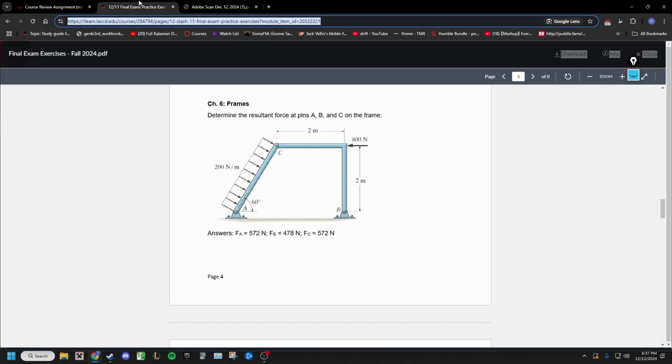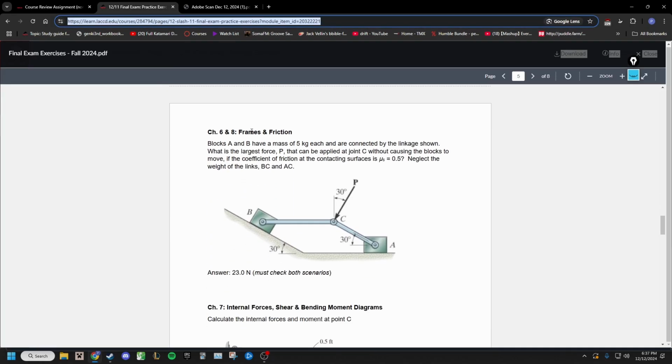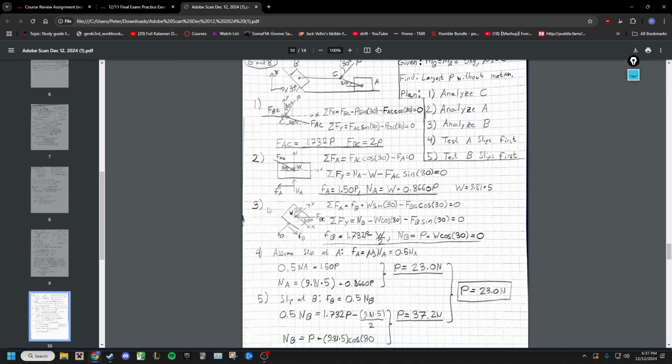Now, for the sliding block problem, frames and friction, we are given the mass of each block, which is 5 kilograms. We're given the angles here, and we're given the static coefficient of friction.